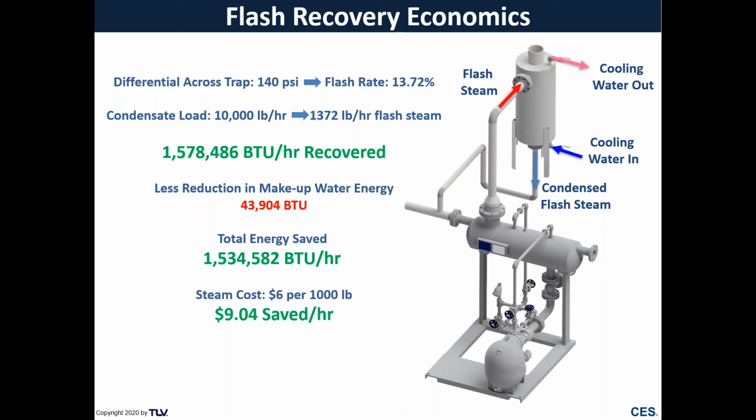And assuming a steam cost of $6 per 1,000 pounds, that results in a dollar amount of a little over $9 saved an hour, and that can be extrapolated out to just under 80 grand a year, which really wouldn't be too bad of a return on investment for installing a piece of equipment like this.